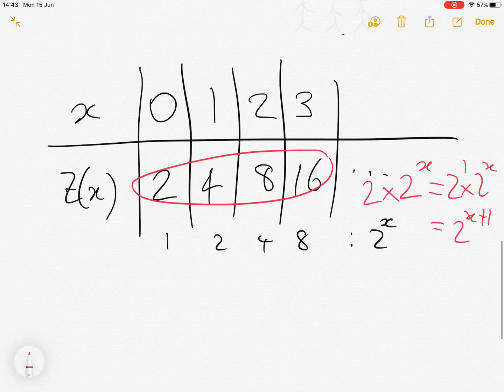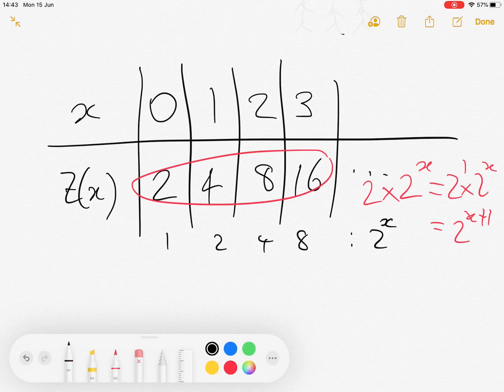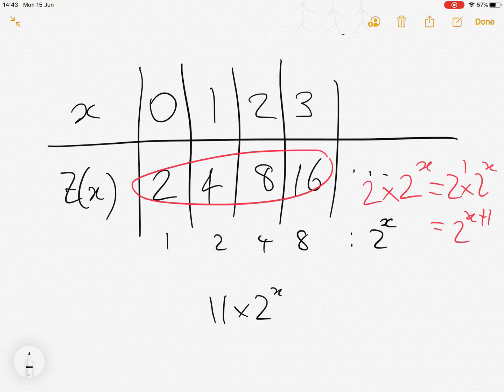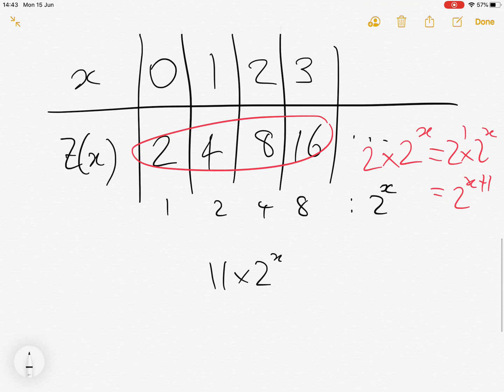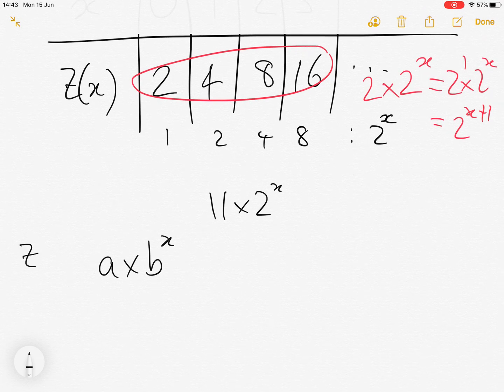And we can do exactly the same thing if we start with a different number other than 2. If we start with, say, 11, we're going to have 11 and then 22 and so on. And in that case, we would get 11 times 2 to the x if we start with 11. So if the formula is a times b to the x, a good question to ask is, what do a and b represent?